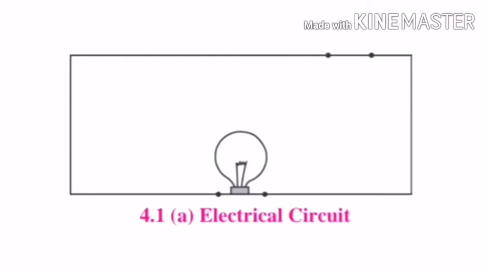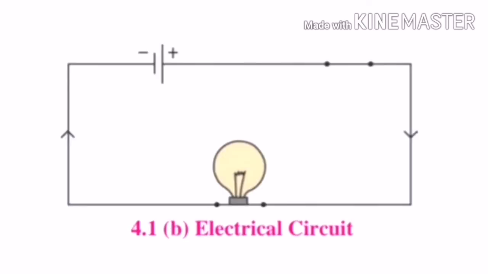Yes, no current is seen to flow in the bulb. So students, if there is no current, that means there is no potential difference. Now see this image. In this image, what did we do? We have the same copper wire circuit, but we use a 1.5 volt dry cell, which helps the bulb to glow.